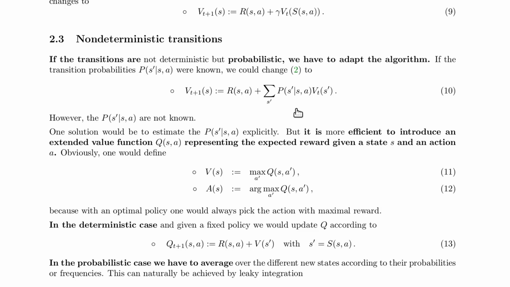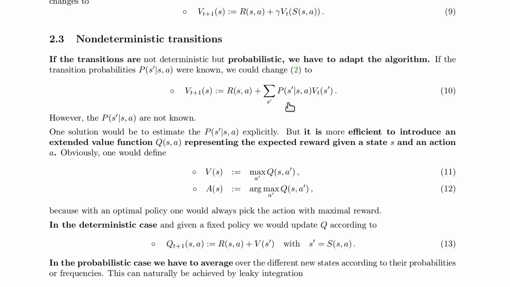One possibility would be to really just count how often you end up in state S dash if you're in state S and take action A. So you can assume these probabilities. However, that's expensive in terms of memory capacity at least.